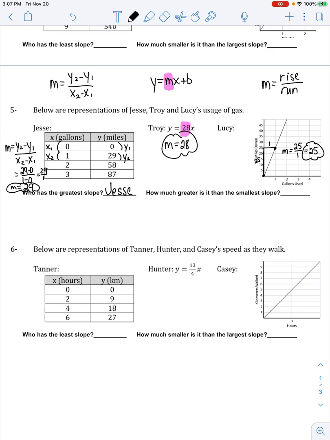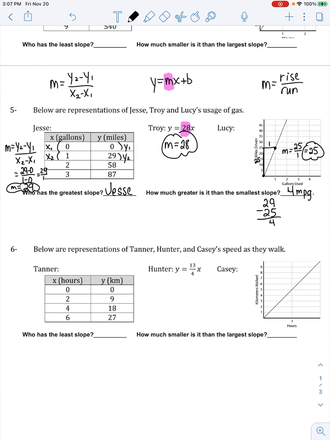So to find how much greater it is, you take the greatest minus the smallest, and that's going to be 4. And in this case, they're talking about miles per gallon. So how much greater is it than the smallest? Jesse uses 4 miles per gallon more.